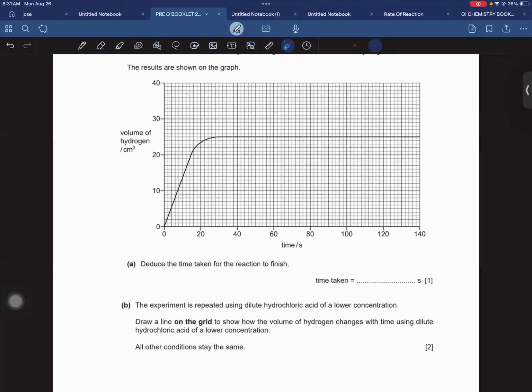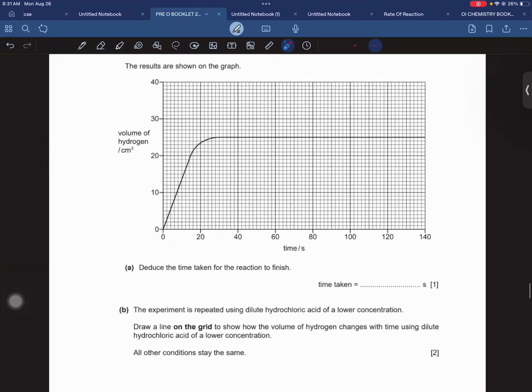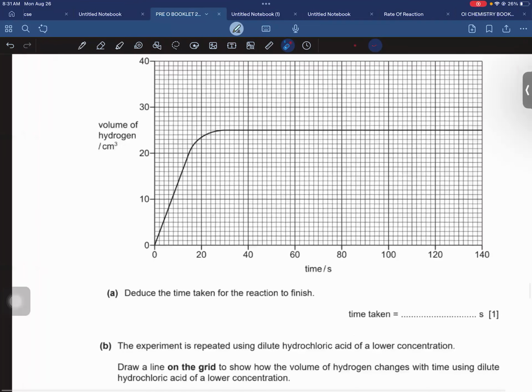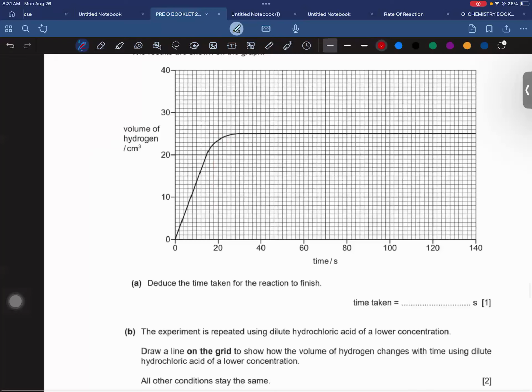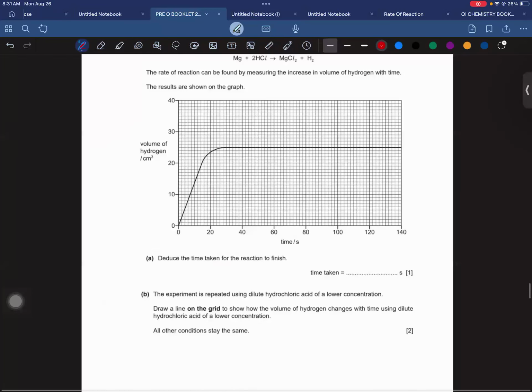Reduce the time taken for the reaction to finish. When the line started to become straight, this was the time, that was 30. Exactly. Yes, this is 30 seconds.